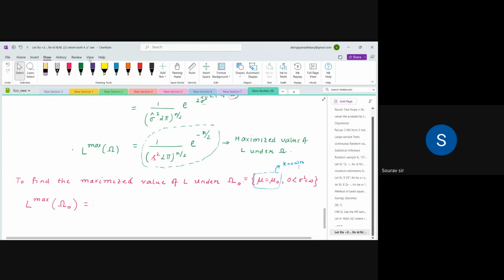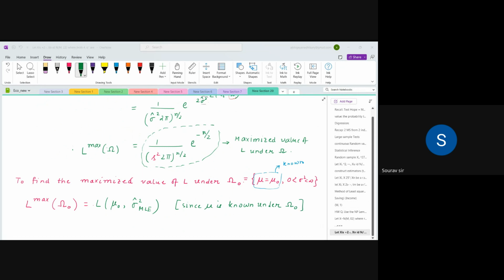So L max of omega naught would be the likelihood function evaluated by replacing mu equals mu naught and the maximum likelihood estimate of sigma square, since mu is known under omega naught. Can all of you follow this argument? If anyone has any questions, you can ask me.